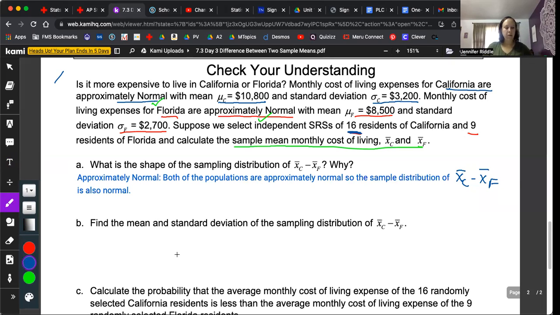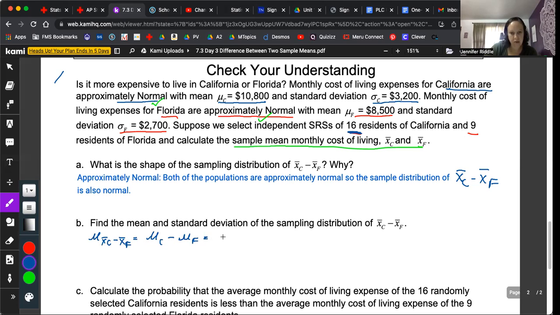All right. Part B, find the mean and standard deviation of the sampling distribution of the difference. The mean is pretty simple. The mean of X bar C minus X bar F is equal to the mean of the population for California minus the mean of the population for Florida.